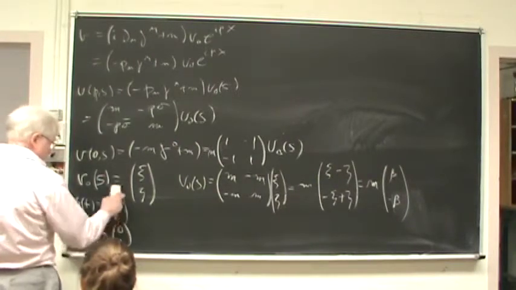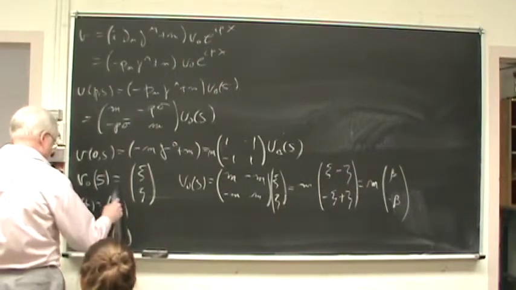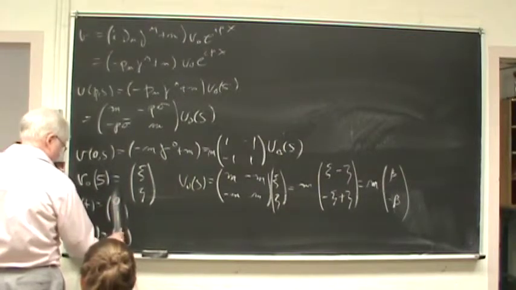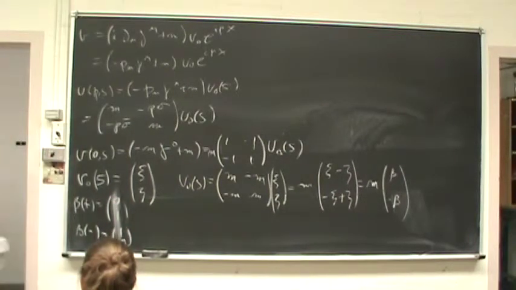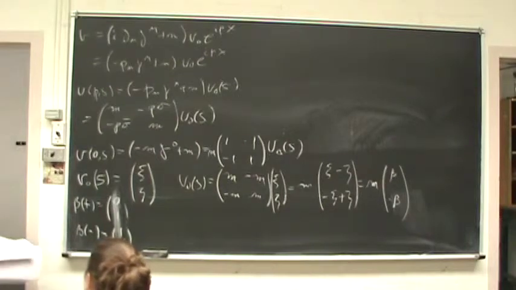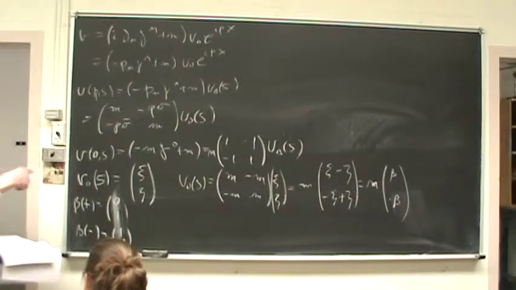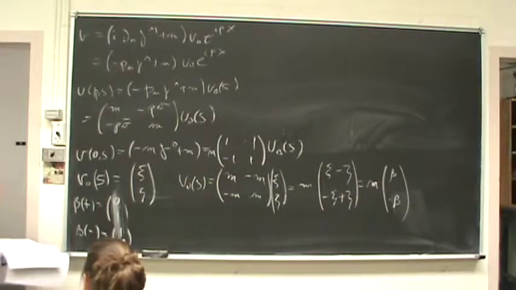So we could equally well choose. You might say, why would I do that? Well, because I want things to work under charge conjugation. And I was just working on that just before erasing boards this afternoon.